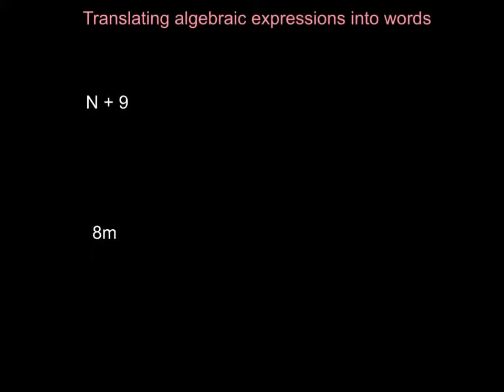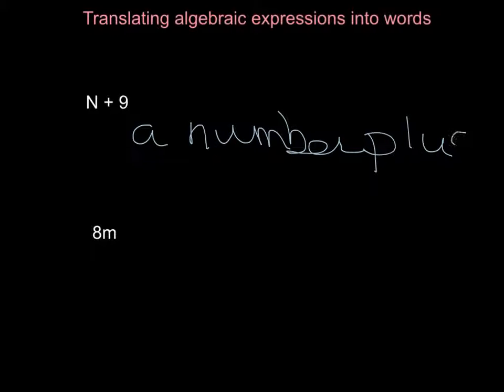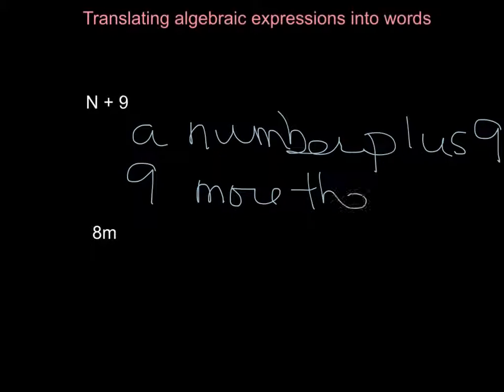So there's multiple different ways you can write this. You could say a number plus 9, or you could say 9 more than a number. Those are just two of the ways you could say this.